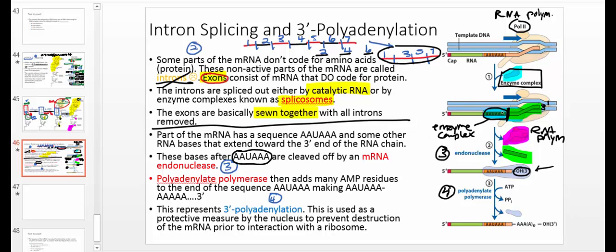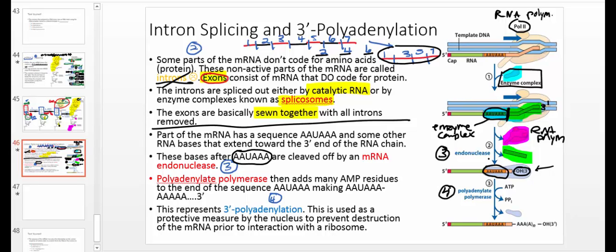That's essentially what an endonuclease does. So now all we have left is the 3' end of the part that says AAU-AAA. And notice that part's still there. The enzyme complex that had endonuclease and polyadenylate polymerase targets that specifically. So hopefully that makes sense.